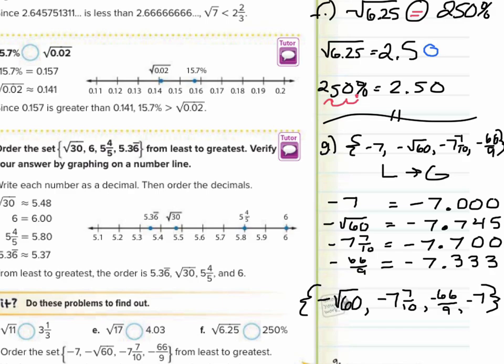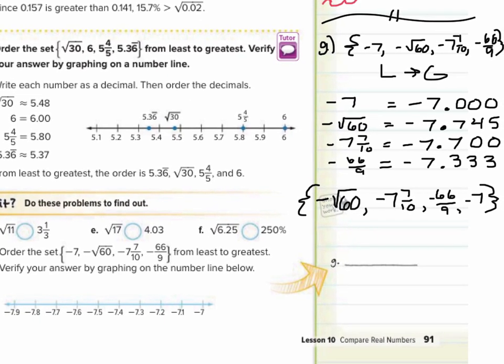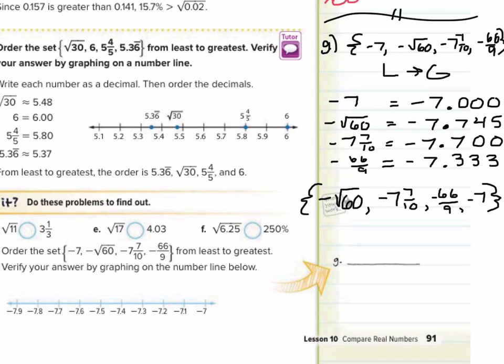And as we go to graph this now on our number line, our negative square root of 60 was about -7.74. Well, -7.74 is going to be right around here. And so that was the negative square root of 60. -7 7/10 was perfectly right here.